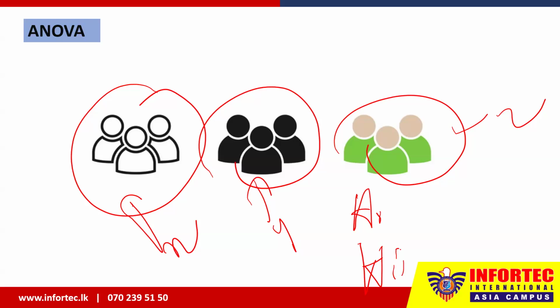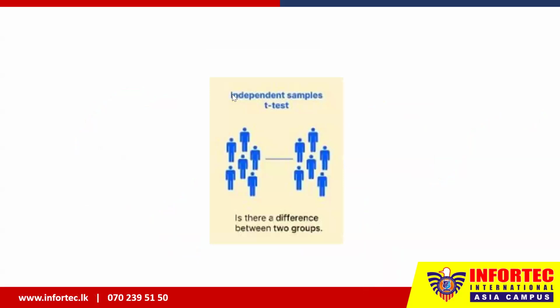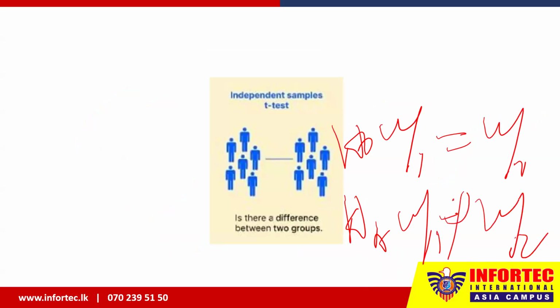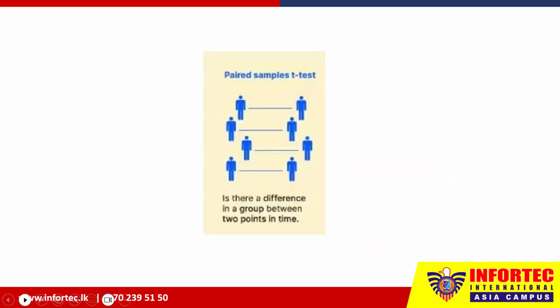But in this case, it is very similar to the independent sample t-test, okay? For the independent sample t-test, we also mention mu1 is equal to mu2. This is your null hypothesis. Your alternative hypothesis is mu1 unequal to mu2. But here, you are considering three groups.